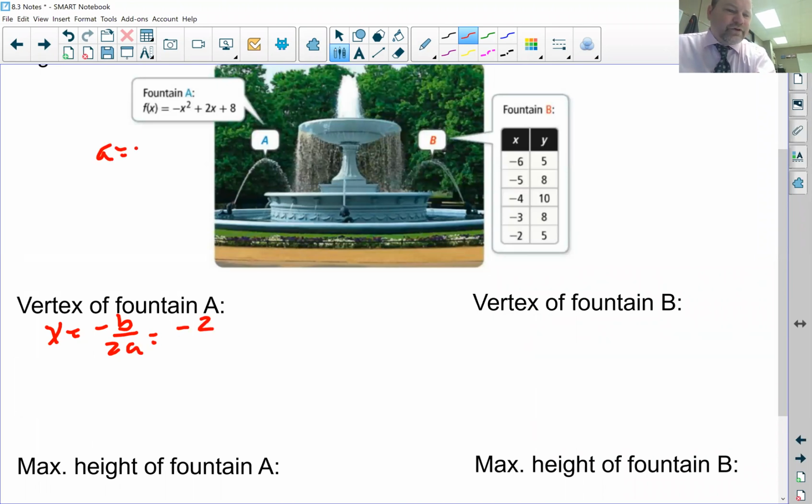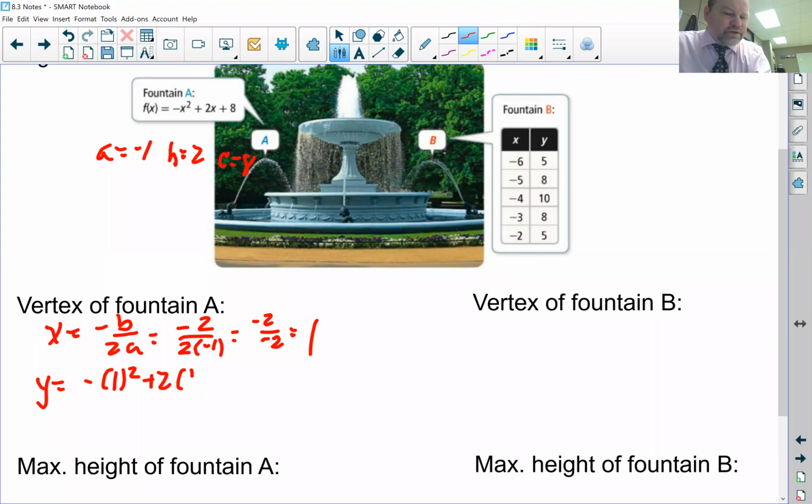A is -1, B is 2, C is 8. It's -2 over -2, or +1.